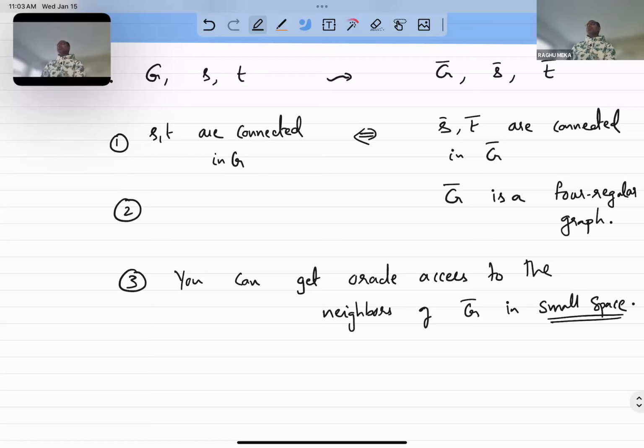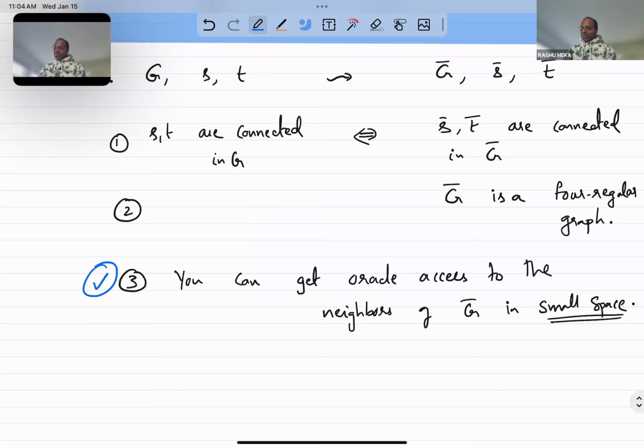Somehow you should be able to produce G bar in small space. Like if I ask, here's vertex number 11, tell me what is the 17th neighbor of vertex number 11 in G bar, you should be able to do that in small space. Because remember, space is our main resource. If you end up using too much space to make this conversion, then you lost the battle already. But you just need to make sure you're using the right data structure and representation. But it's not as important for the main ideas.